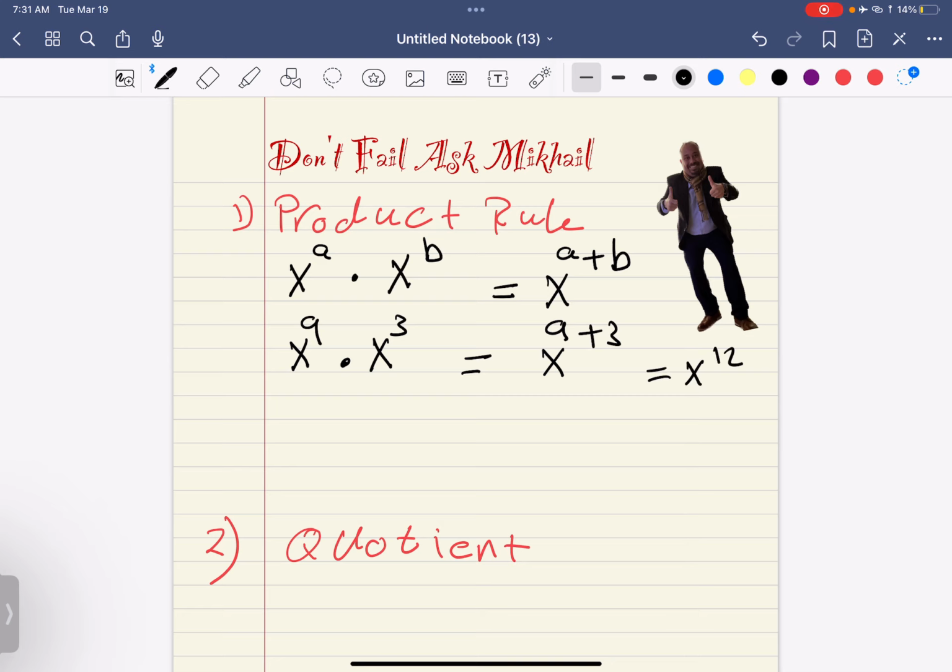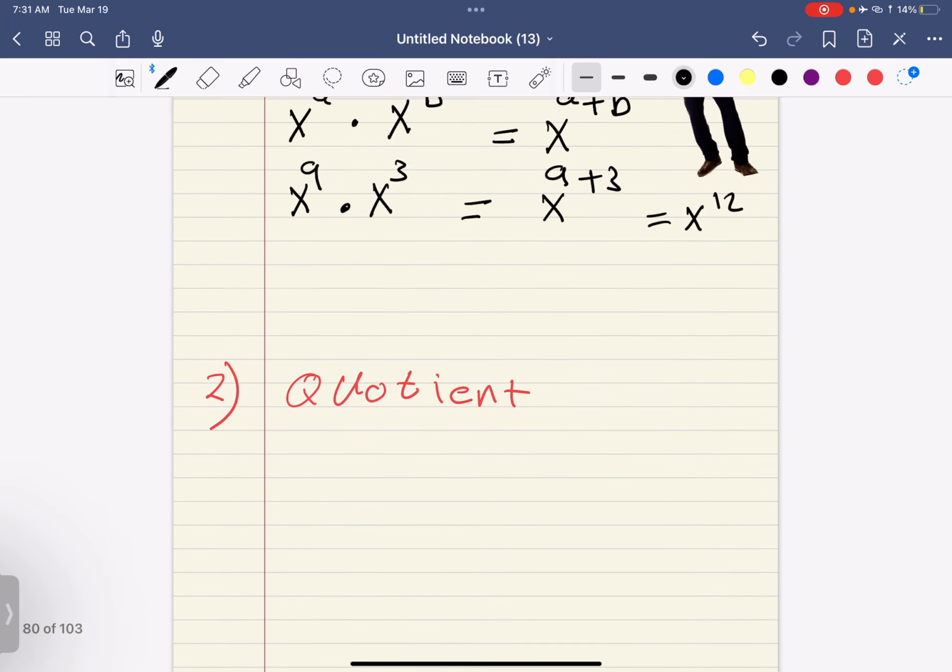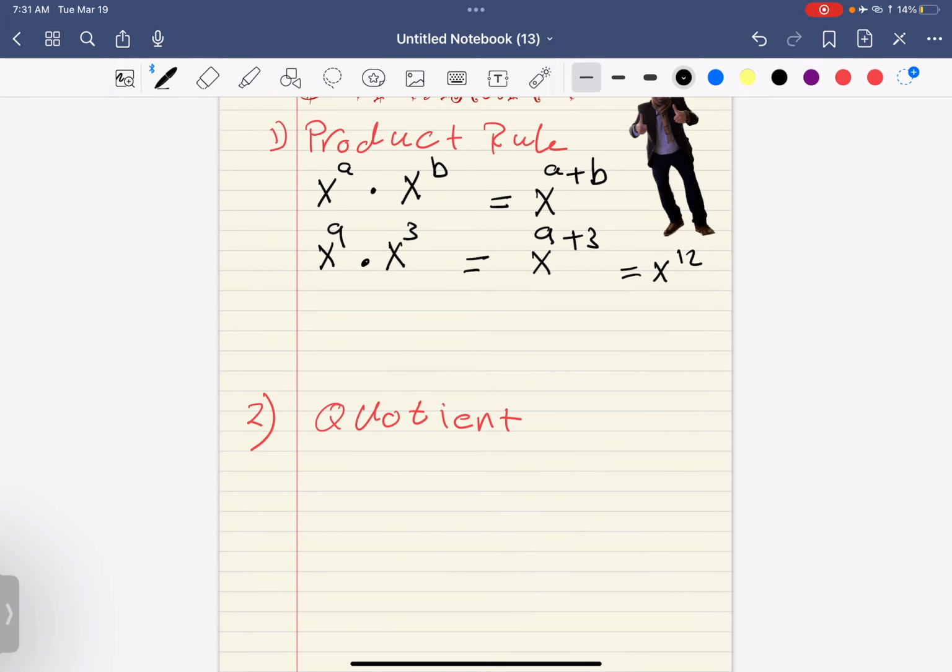All right. Now, the second rule is called the quotient rule. Now, listen to me. When I do multiplication, I add the exponents. The quotient means division, so when I divide, I subtract. Example, if I have x to the a divided by x to the b, that will equal x to the a minus b.